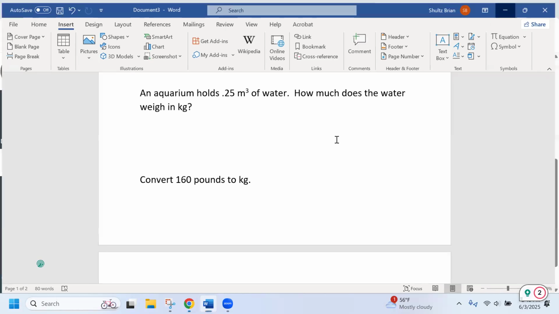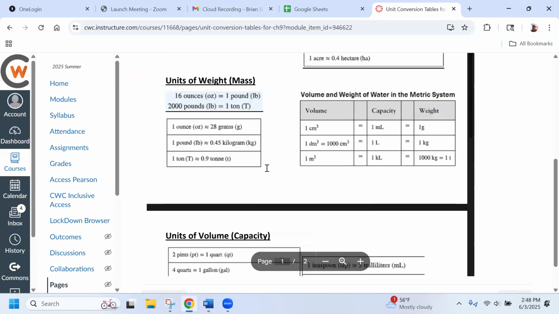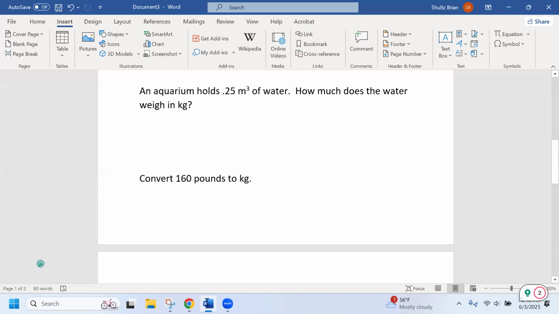I'm going to minimize this for a second, and we're going to talk about changing from weight. So 1 cubic centimeter is 1 gram. I'm going to go back and look at my example again. I want cubic meters to kilograms.